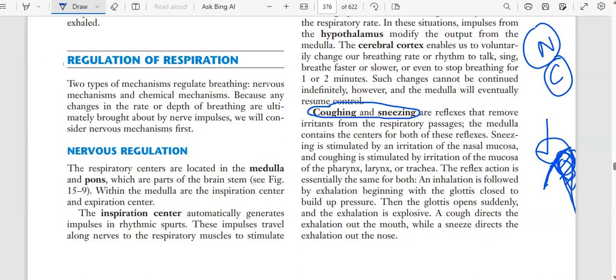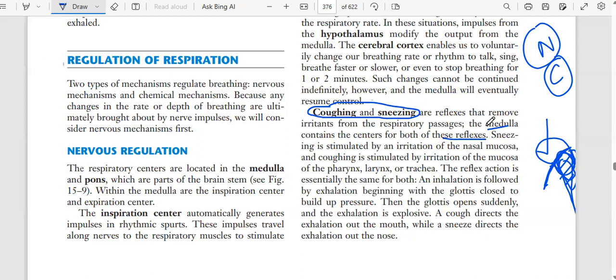So basically, how do cough and sneezing happen? There is an irritation in the respiratory areas, in the lungs, trachea, or nostrils. The dust is very irritating to your respiratory system. The medulla will detect that this irritant is doing something wrong to the respiratory system, so it will activate the reflexes.